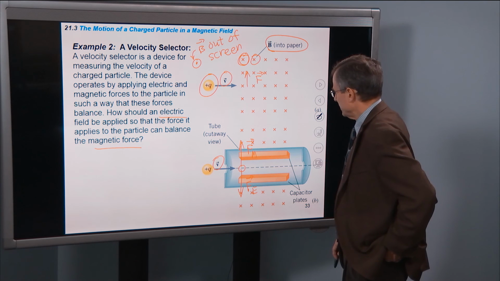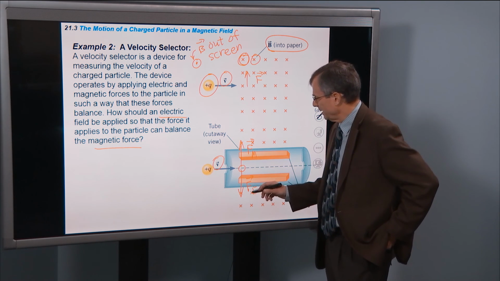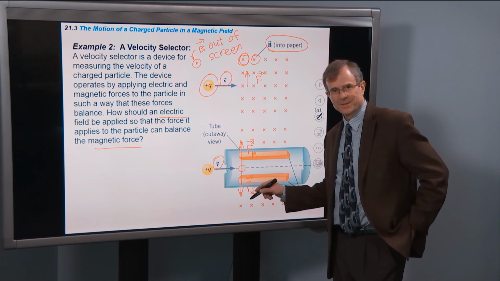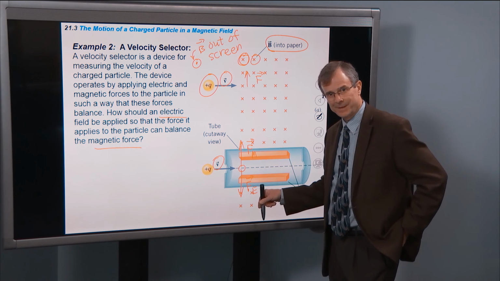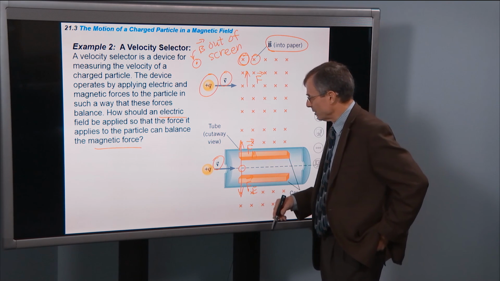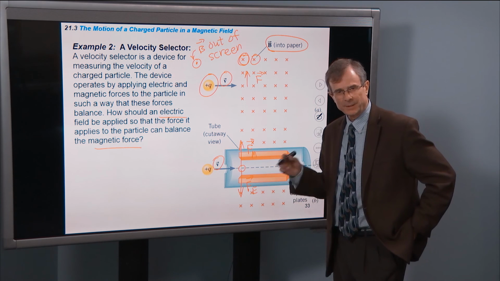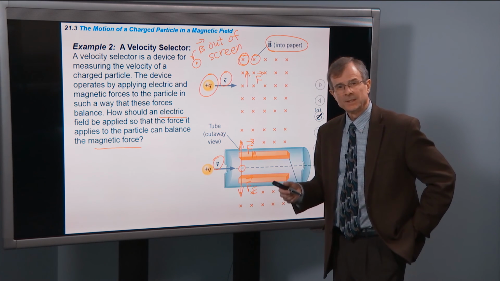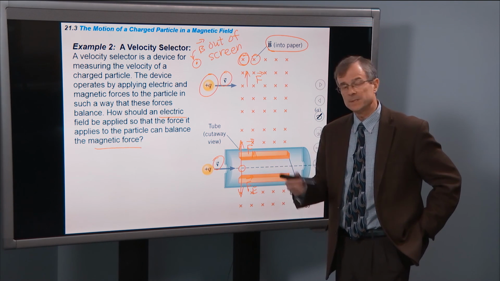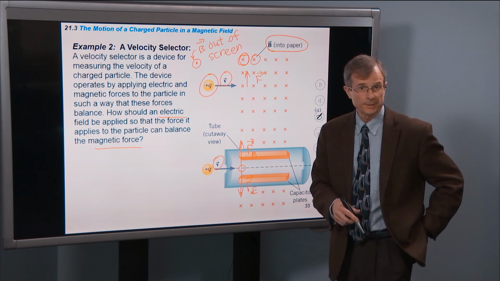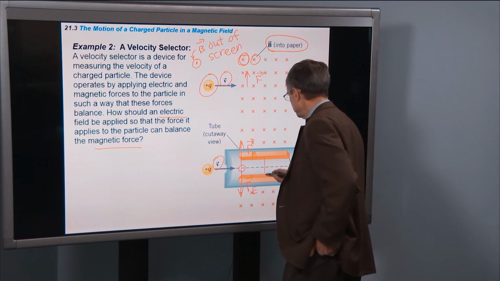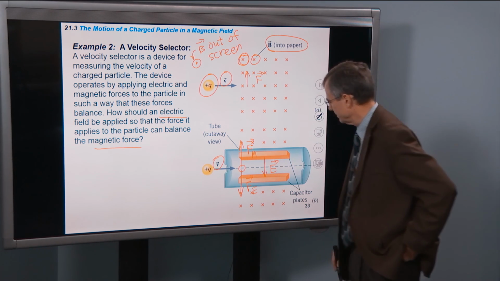Well, what direction does the electric field have to be in for the force to be down? The force is Q times E, and if the charge is positive, then the electric force is in the same direction as the electric field. The electric field has to be in this direction.